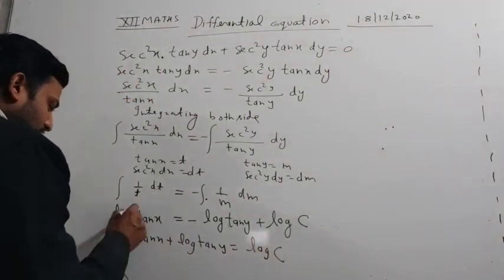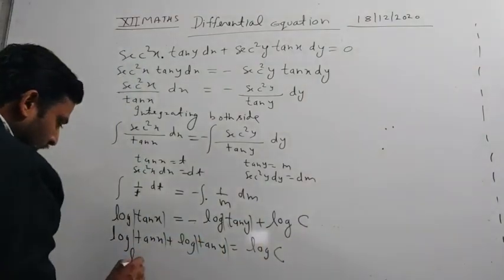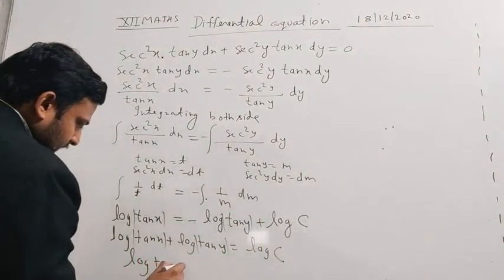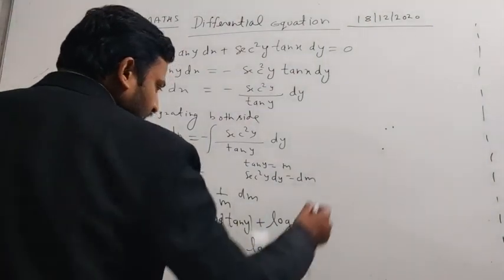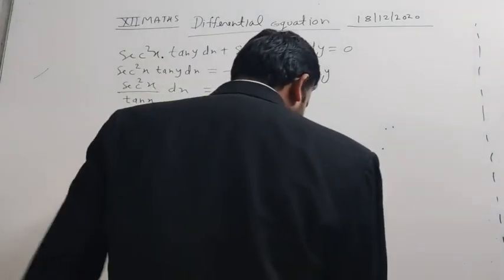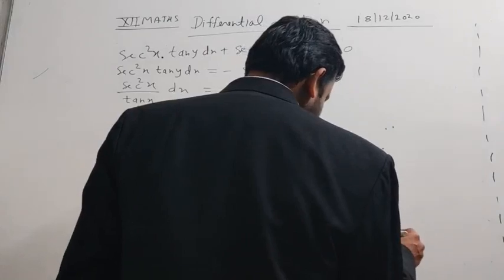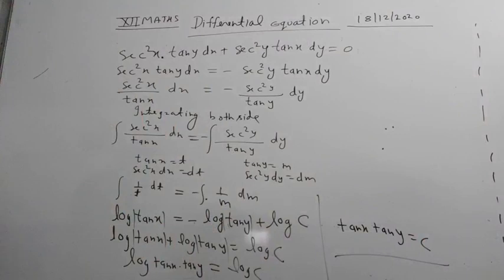Now we can write log of tan x tan y is log of c, and the result will be what? Log and log will be removed from both sides and we get our result, which is tan x tan y is c. Okay, tan x tan y is c. Okay, student, I hope you understand.